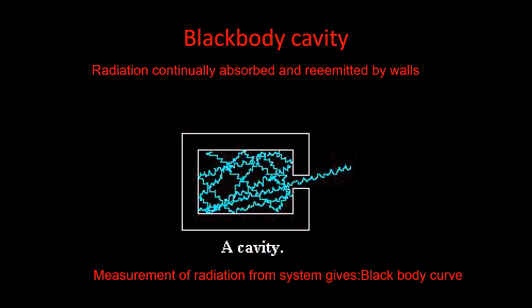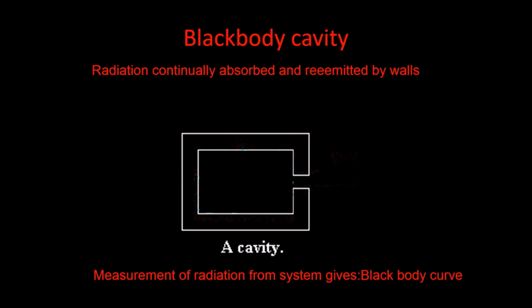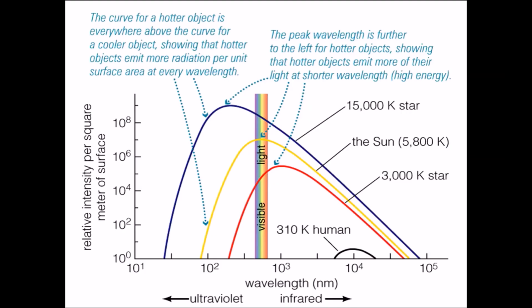By conservation of energy, it can't create or destroy the energy that's going into it. Rather than let that energy build up to a point where it's destroyed, it at least at first starts to re-emit that radiation as infrared radiation, as heat. And that's what gives us this characteristic black body curve that we saw previously.